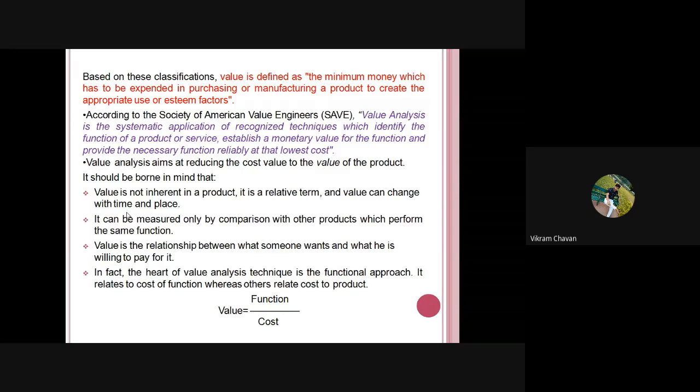This is the definition given by SAVE, the Society of American Value Engineering.